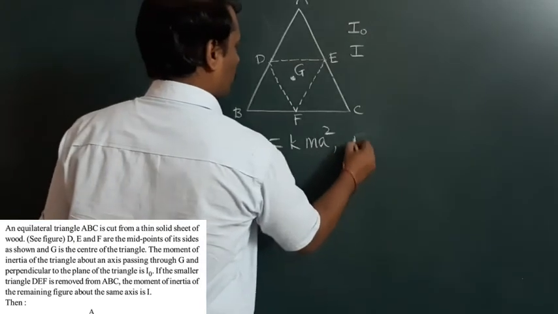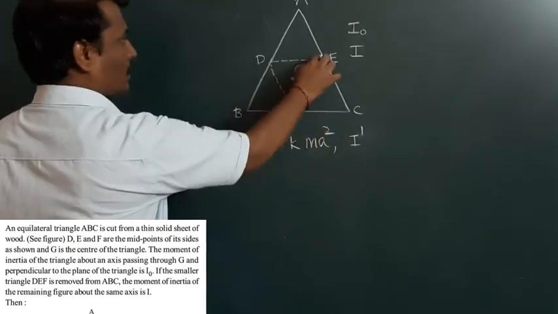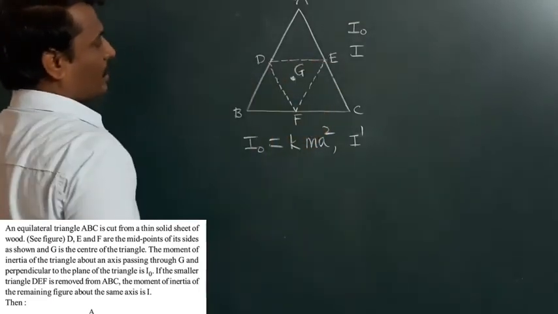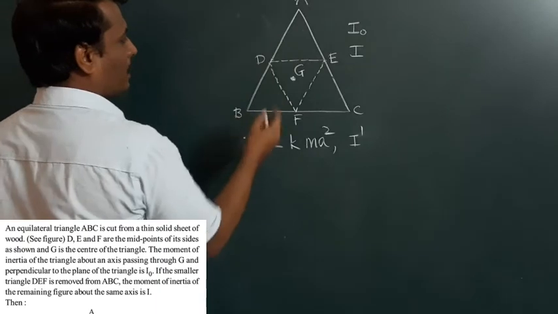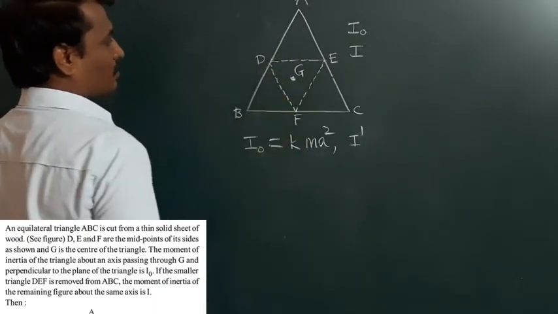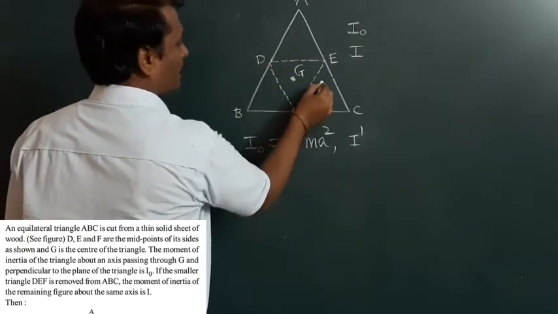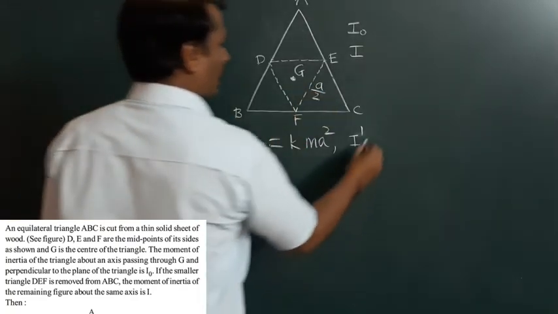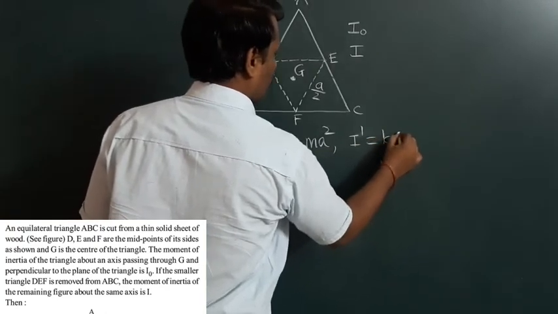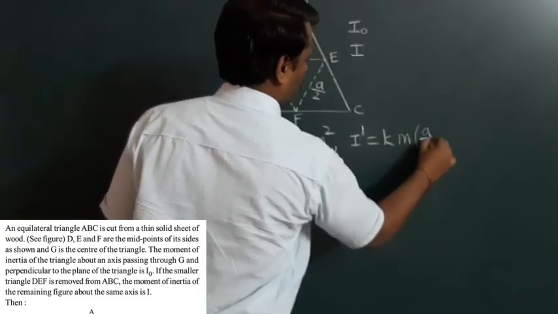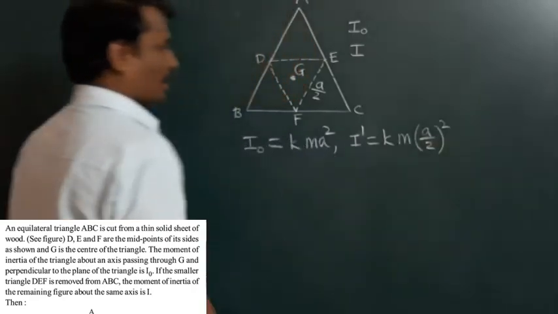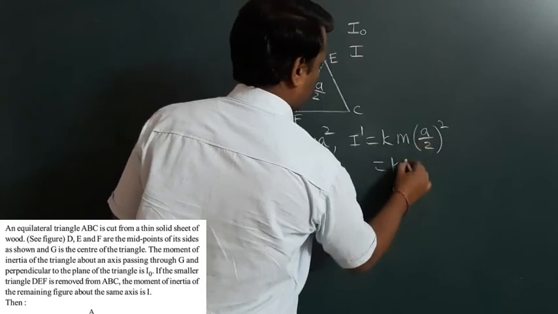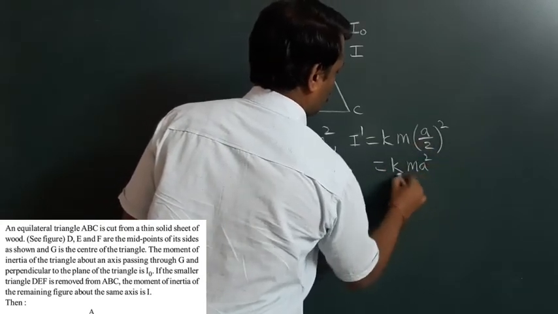Similarly, the moment of inertia of the small triangle DEF, I will write it as I dash. Here if A is the side of this big triangle, then the side of this small triangle will be A by 2. Therefore I dash is equal to K M into A by 2 square, that is equal to K M A square by 4.